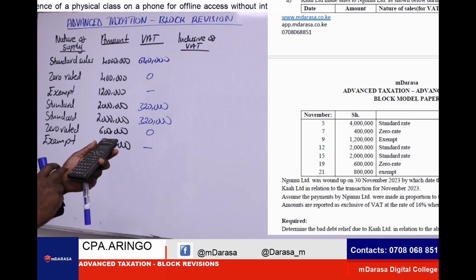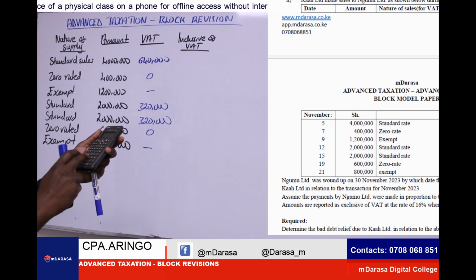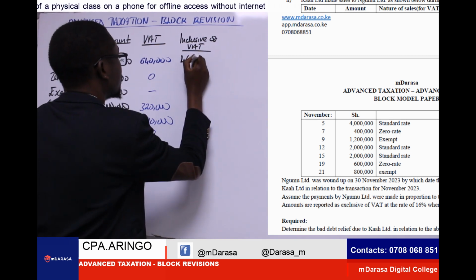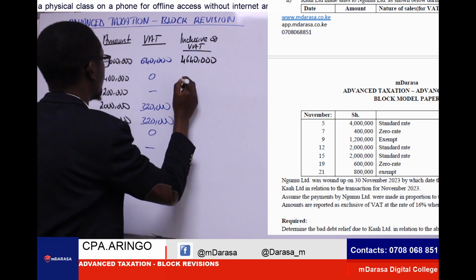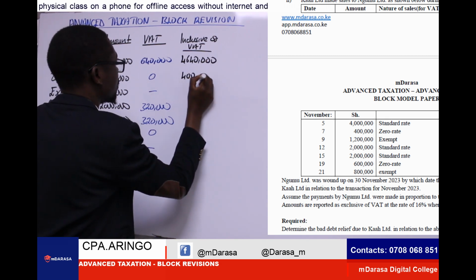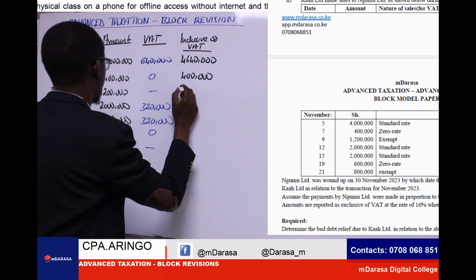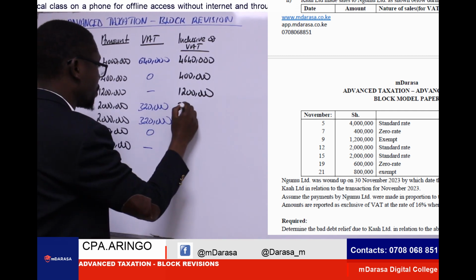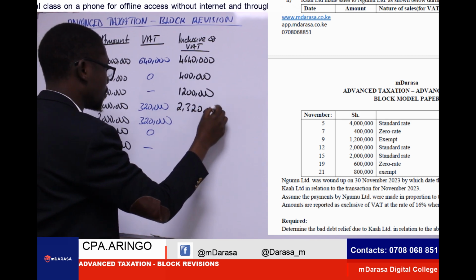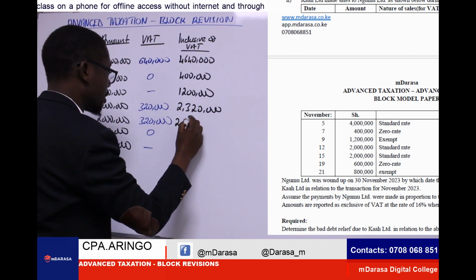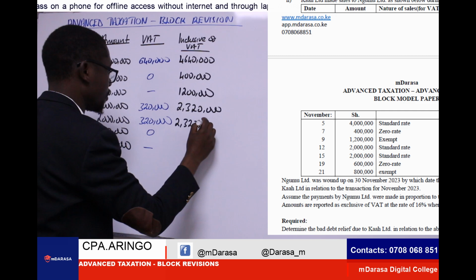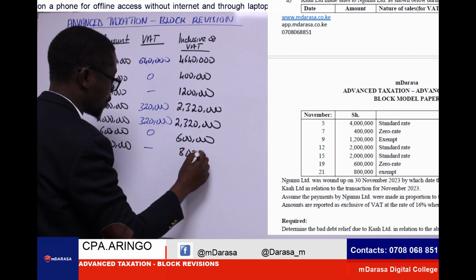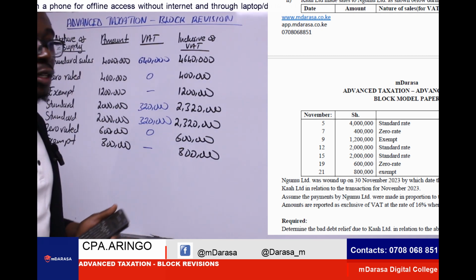Amount inclusive of VAT, therefore, I'll be having 4 million plus 640,000, which gives us 4,640,000. Zero rated gives us 400,000. Exempt is 1.2 million. Then 2,320,000, then 600,000 and 800,000.